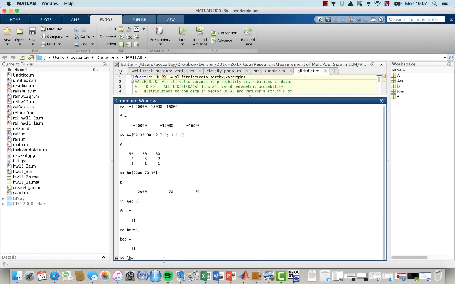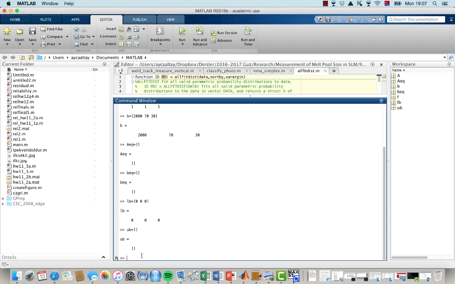All my variables are non-negative, and I have 3 variables, so I enter a vector of zeros: this is for x1, this is for x2, and this is for x3. But I don't have an upper bound defined, so the upper bound is an empty vector again.